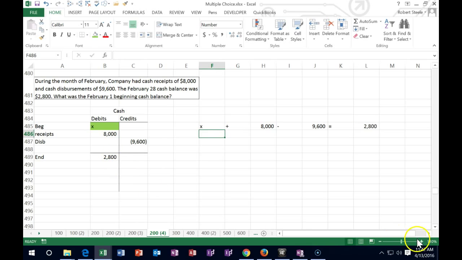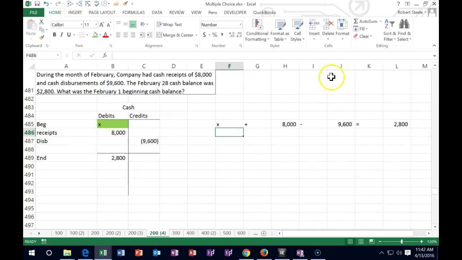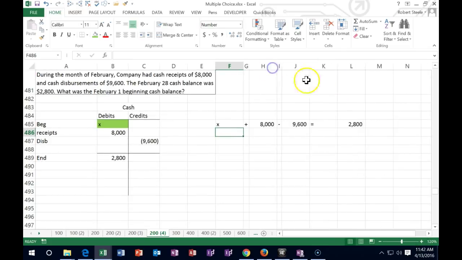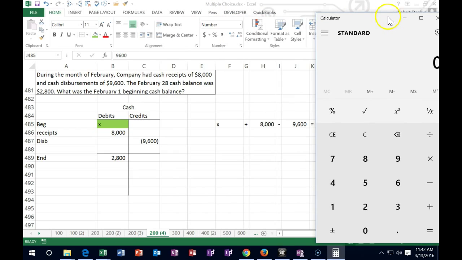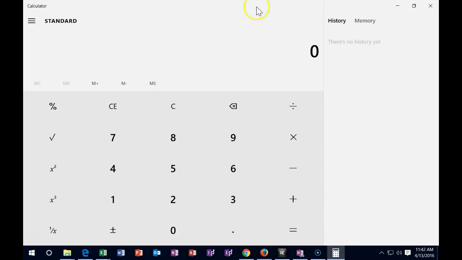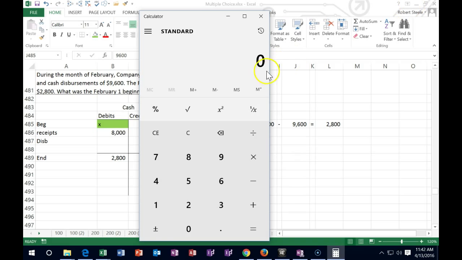So there's our equation. I'll make this a bit larger here, and I'll make these a bit smaller so we can see this. All right, so now we've got to solve for this. So we have X on this side. We've got an 8,000 minus the 9,600 on the same side. So if we do that, obviously in a calculator, we're going to come up with a negative number. So we're going to say, all right, well, ooh, that's awfully large.